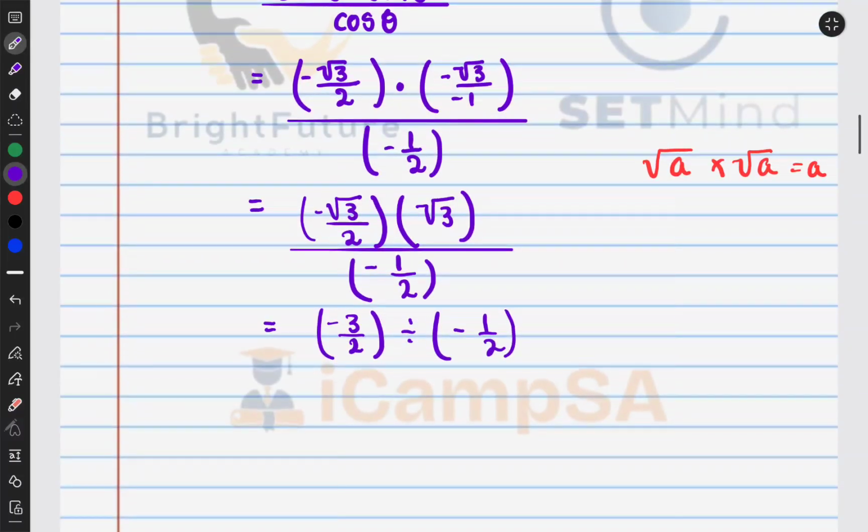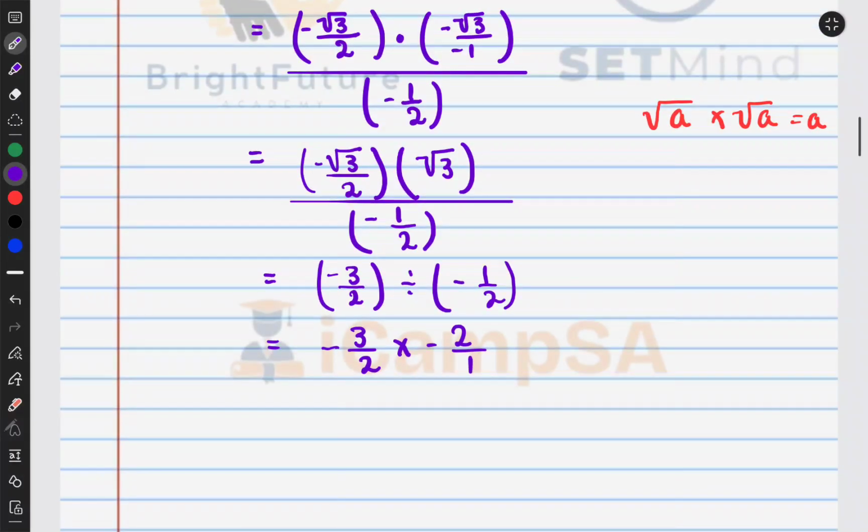Let's change the division sign into a multiplication sign. So we have negative 3 over 2 multiplied by negative 2 over 1. A negative and a negative cancel out and give us a positive. So negative 3 over 2 multiplied by negative 2 over 1 is simply a positive 3, and that will be your answer there.